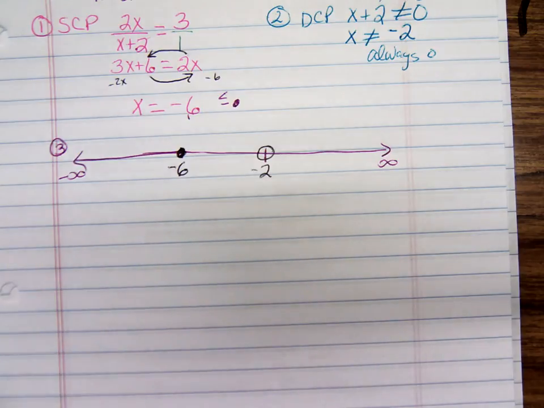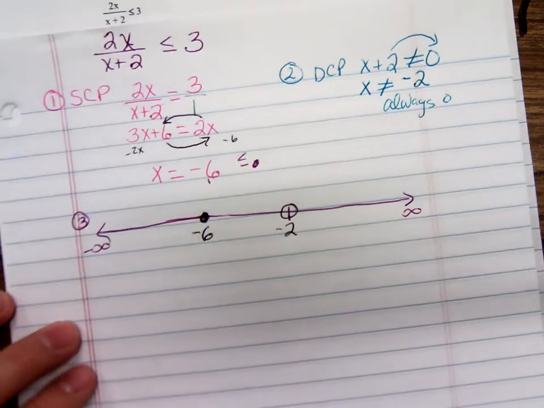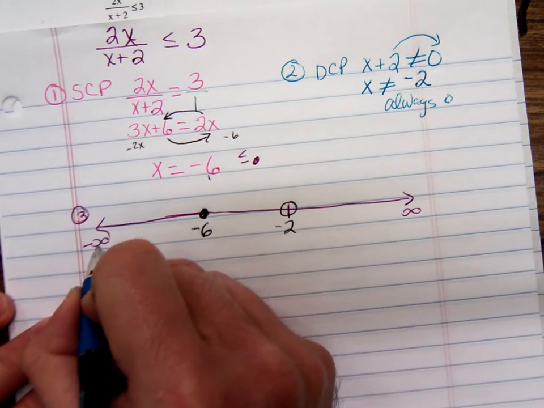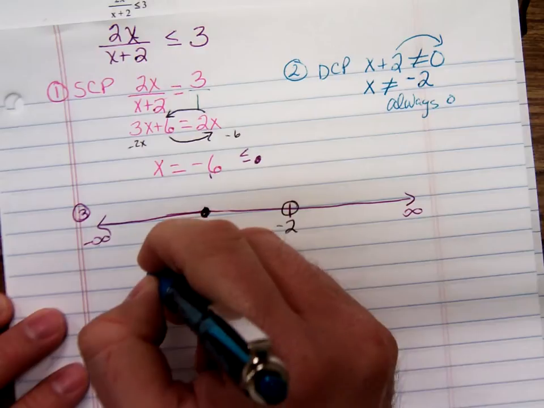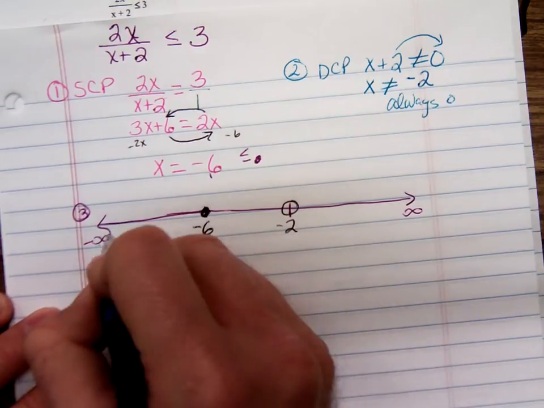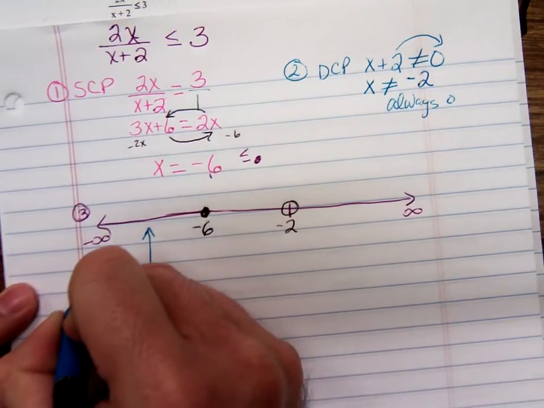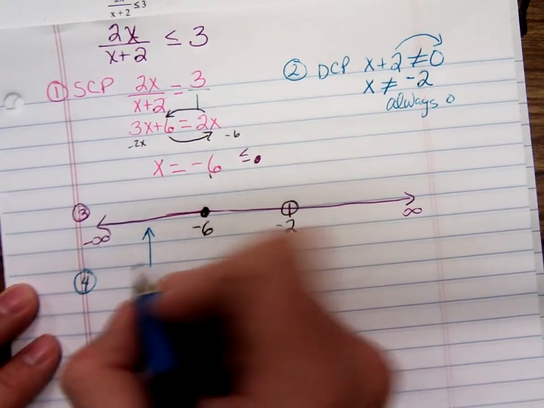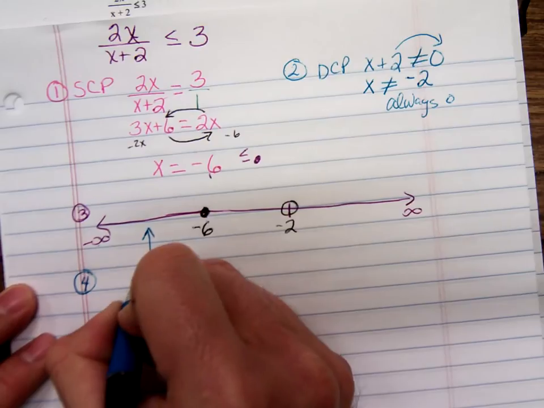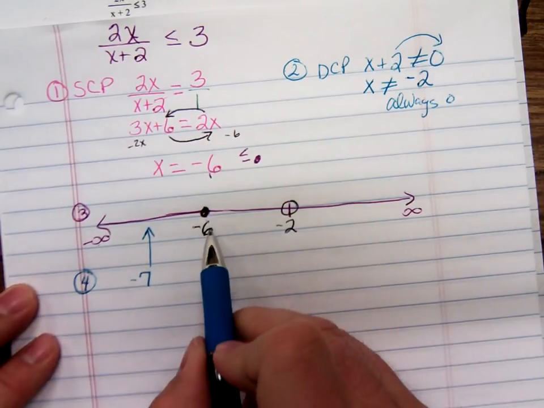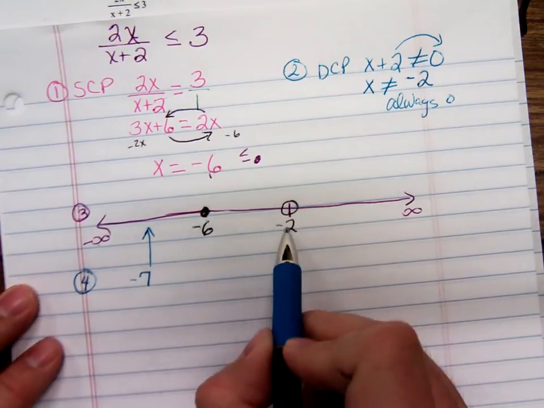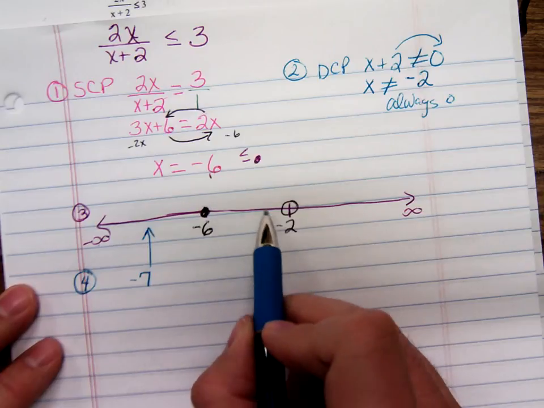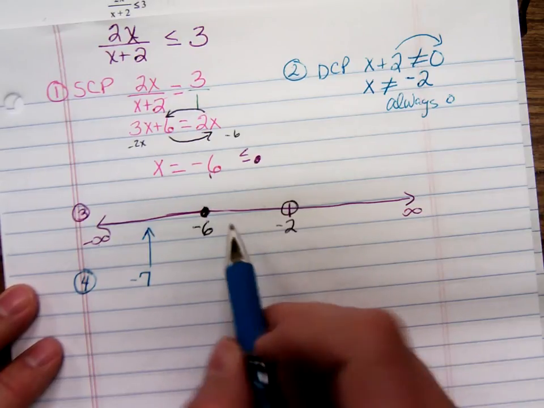I need to test a number between -infinity and -6. Well, there's a lot of numbers here. -7, -8, -9. So I'm going to be testing -7 here. Then between -6 and -2, there's -3, -4, -5.